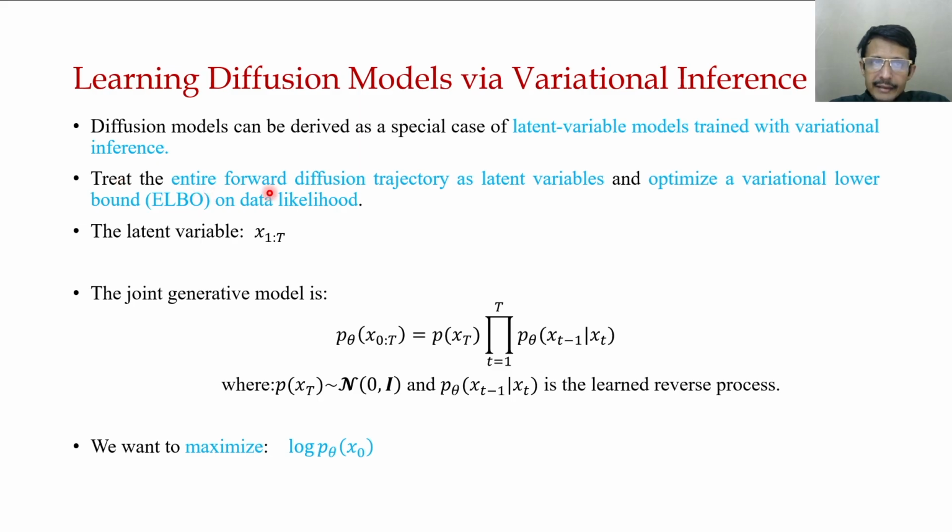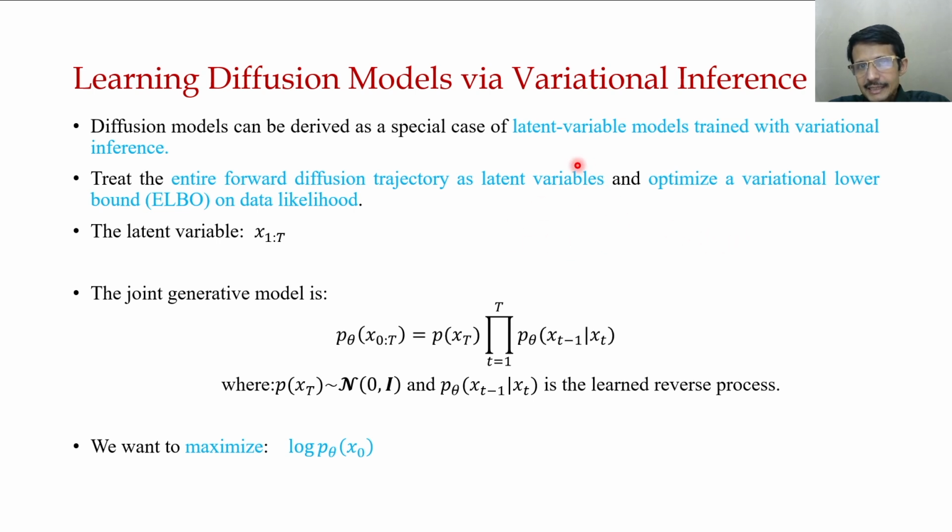Now treat the entire forward diffusion trajectory as the latent variables. Why is it so? The forward diffusion trajectory means that at every step we keep on adding noise, so it is some noisy version.